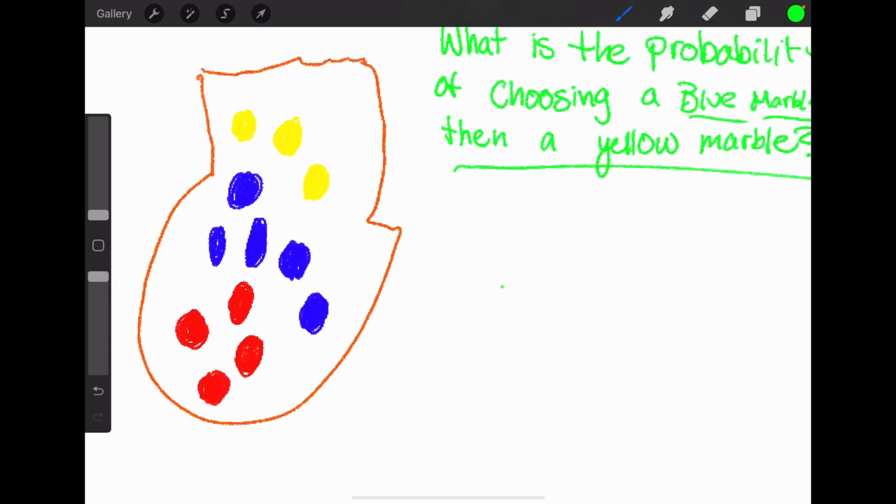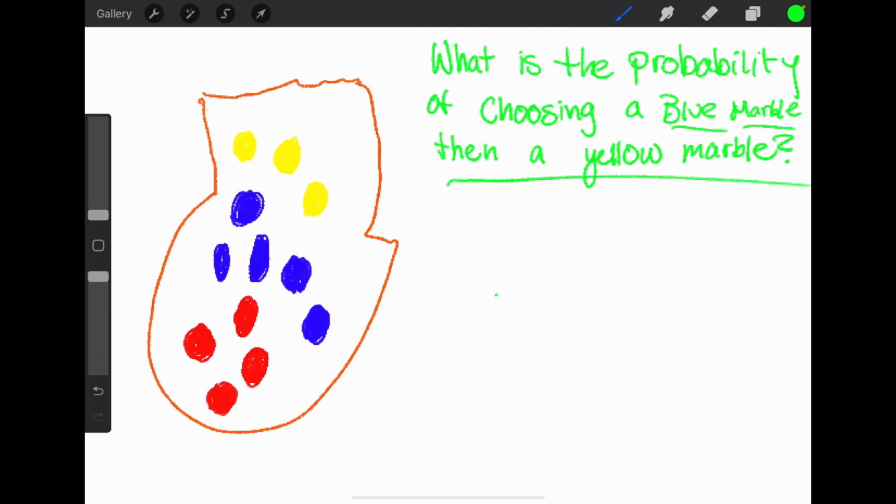We know our probability of choosing a blue marble is 4 over, since there's 4 blue marbles, 1, 2, 3, 4, out of 1, 2, 3, 4, 5, 6, 7, 8, 9, 10, 11 marbles in total. So we know that the probability of choosing that marble is a 4 in 11 chance, which comes out to be a 36% chance, right?